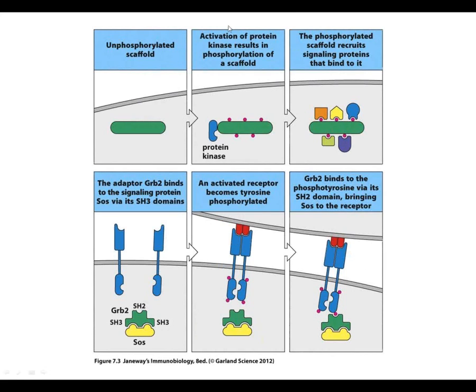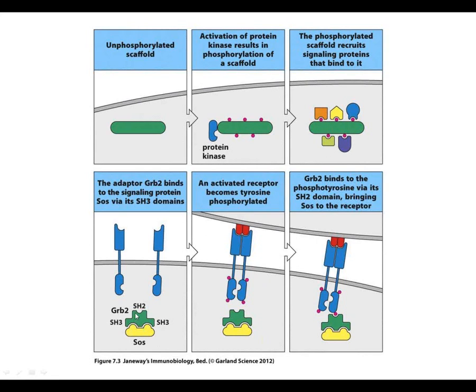They have a nice picture here, figure 7.3, that shows a scaffold that gets phosphorylated and then brings all kinds of proteins into close approximation, so then they can enzymatically affect each other, but the scaffold in and of itself does not do that.